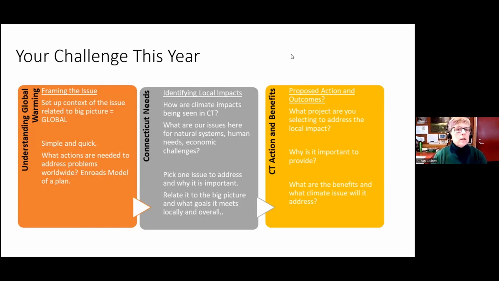How is it created? What is the problem at hand? What is the science behind that problem? And how do we know about that? This portion really should not take a large part of the presentation.